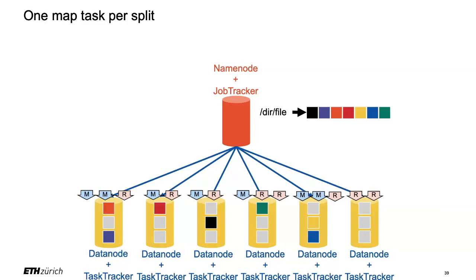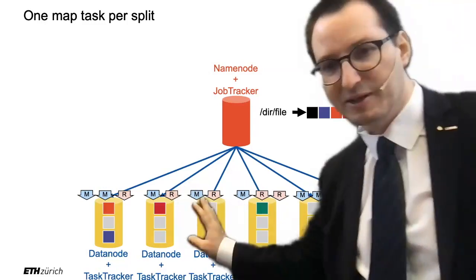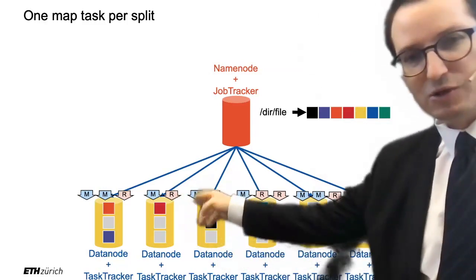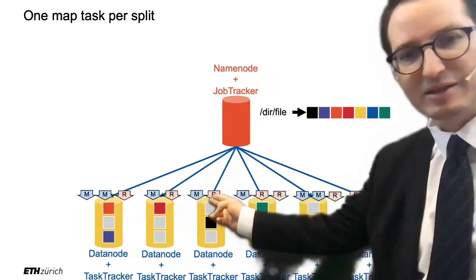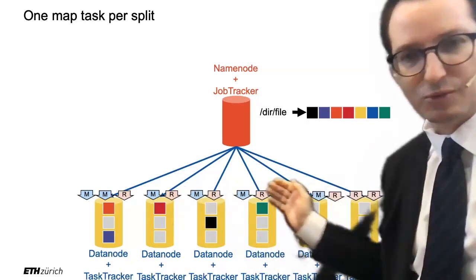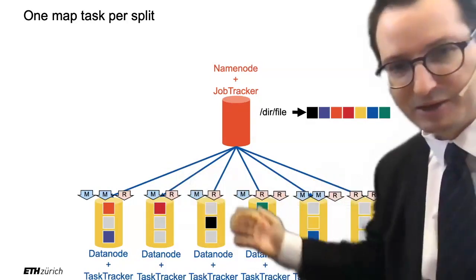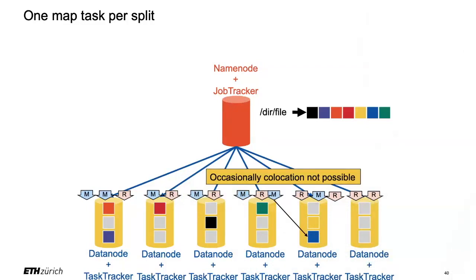The same process might be running in multiple threads. So the task tracker running on every node has some mapping threads and some reduce threads, and they are just triggered and executed. Then they start processing the data.